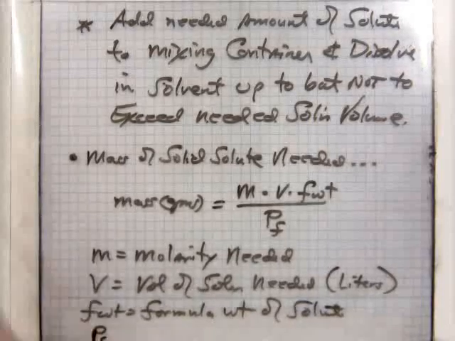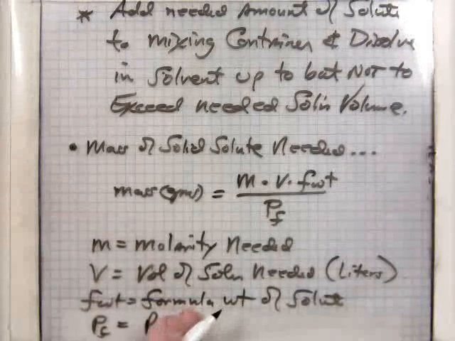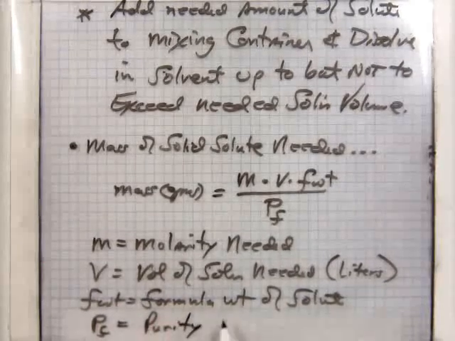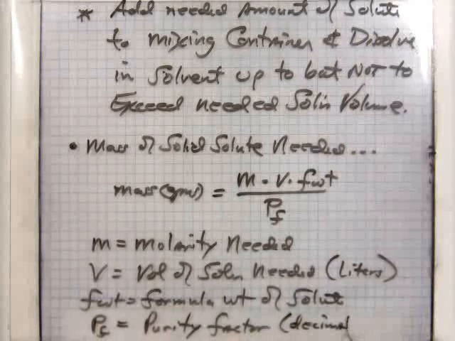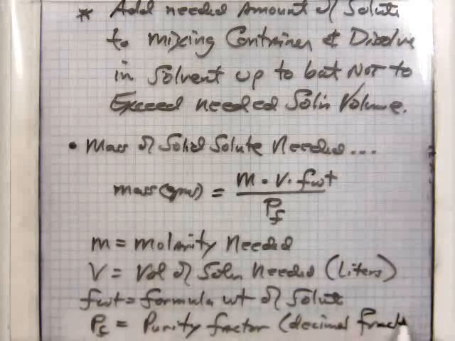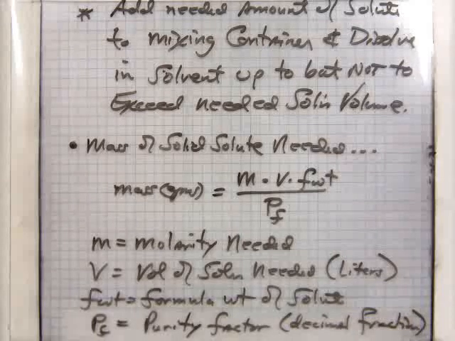And your PF is your purity factor, which is a decimal fraction. Sodium hydroxide, for example, typically comes in, if you ordered it from a manufacturer, at about 95 to 98% pure. So you have to divide by 0.98 or whatever's the assay on the bottle. You get that number off the bottle, assay label or whatever. Go to the books. And anyway, I'll show you right now.